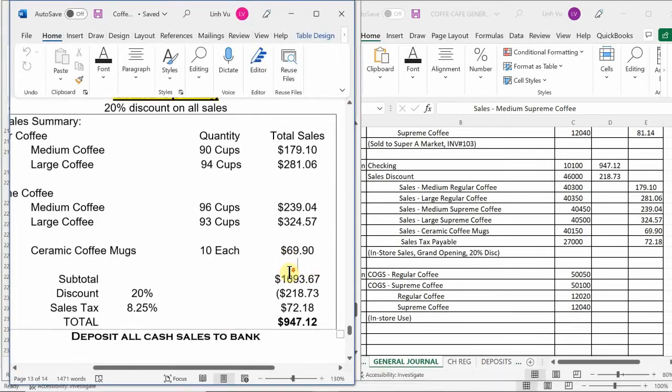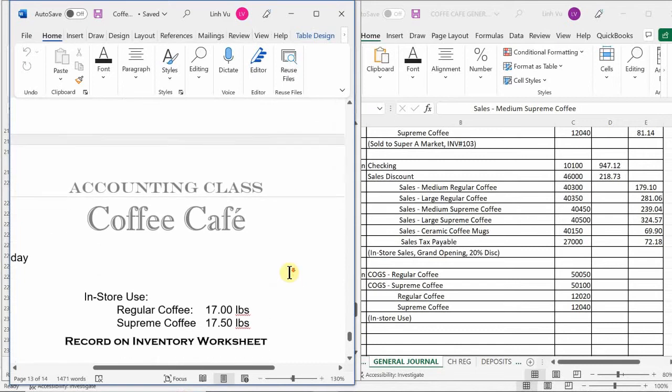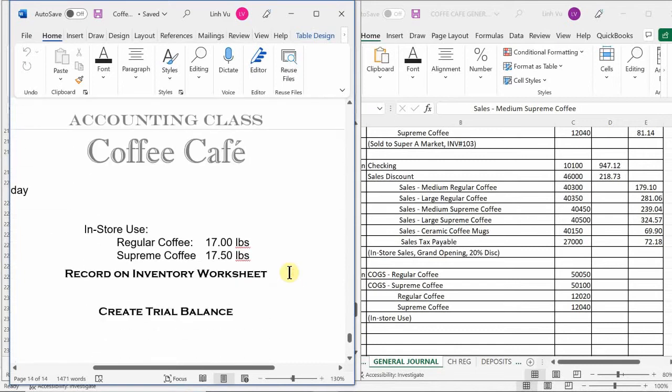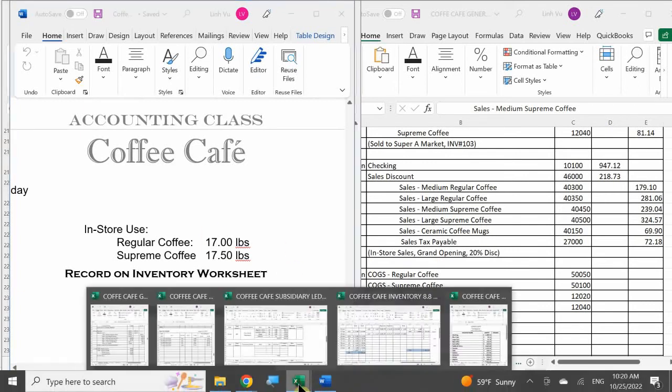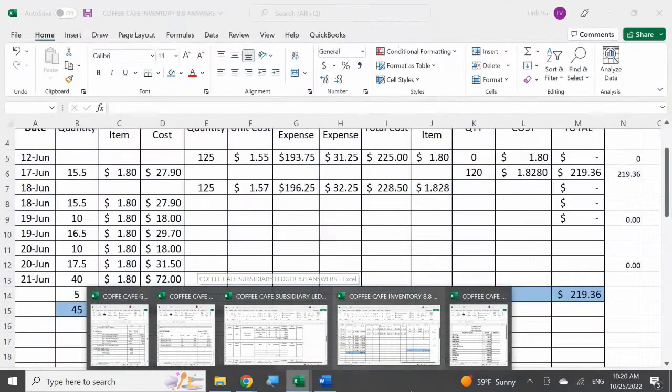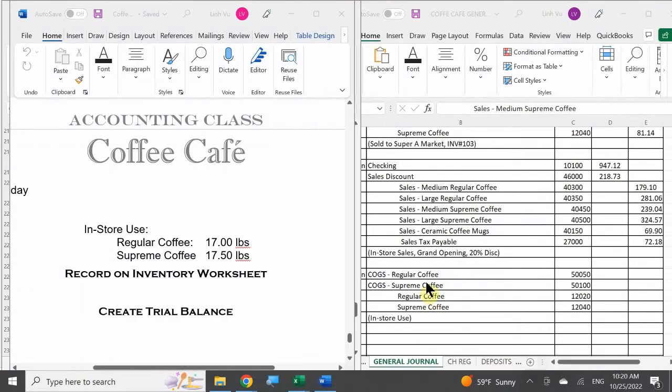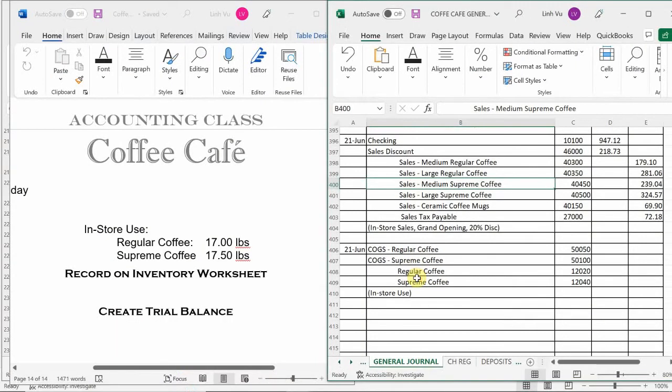All right. So this is what we were told, that we ended up using 17 pounds of regular coffee and 17 and a half pounds of supreme coffee. So where do we need to go next? Cost of goods sold.